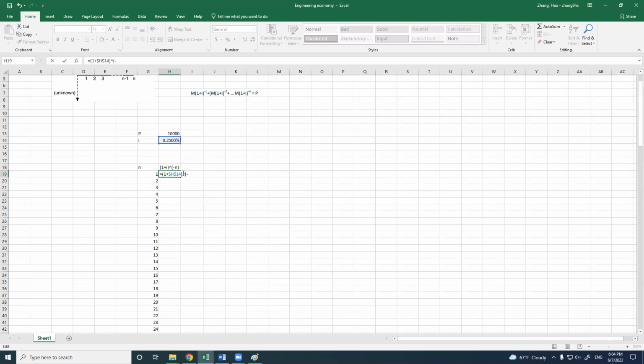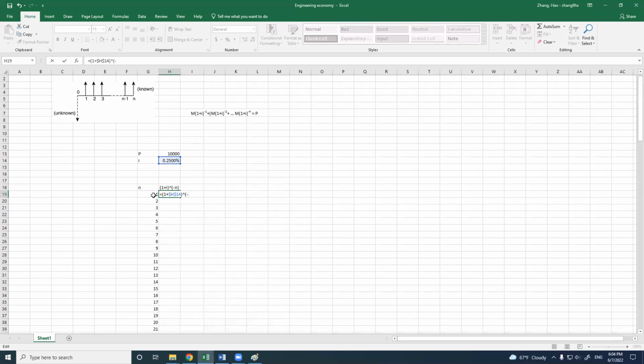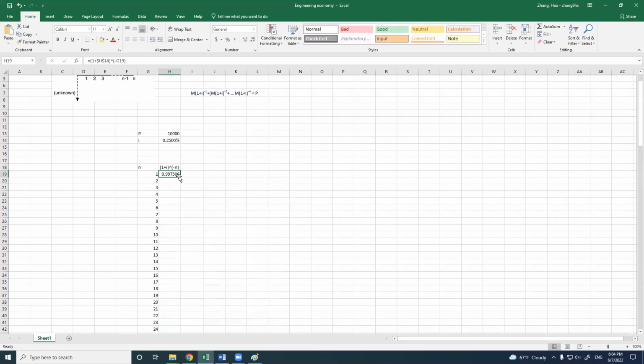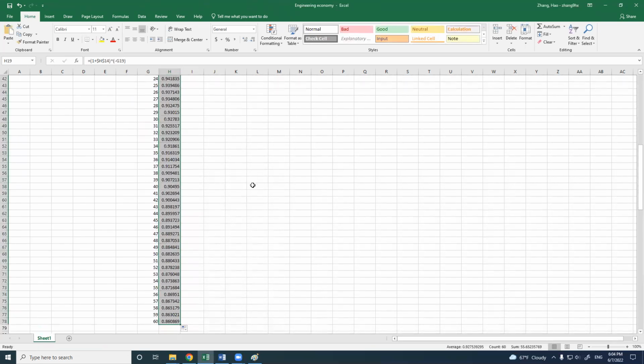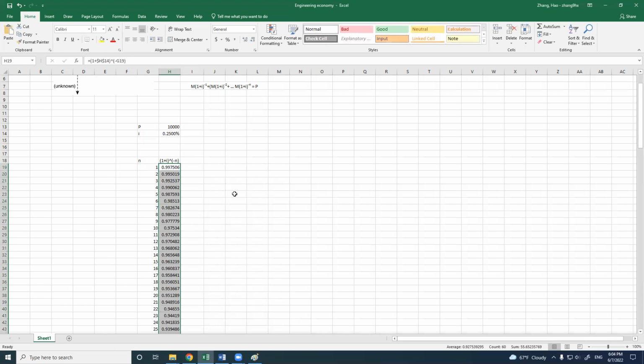Remember, the reason it's negative is because we are converting cash flows from the future back to the present. So that's why it's negative. And then negative this N, right? We just put this value here. Now we get this equation. Next, drag it down to 60, and we got all these values.